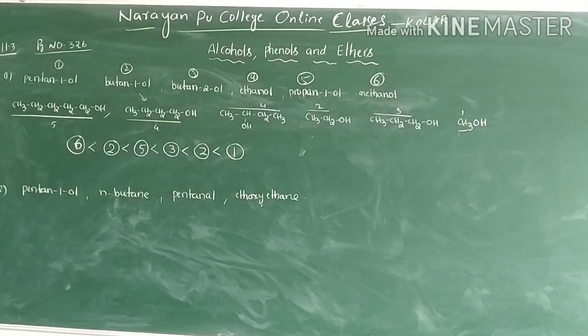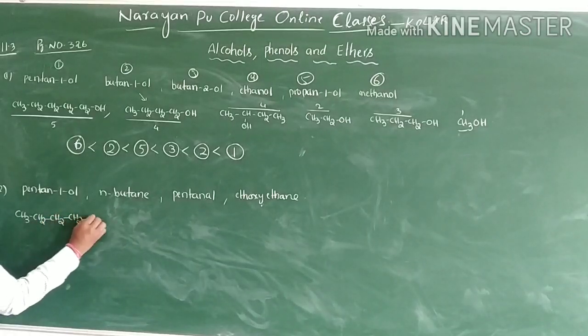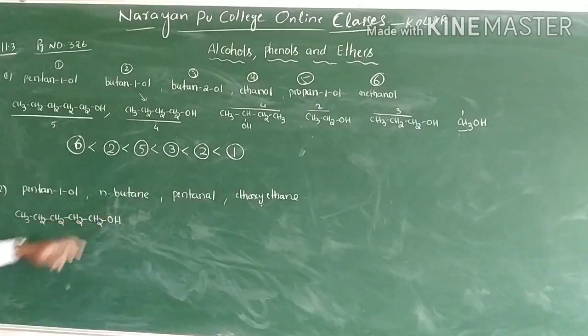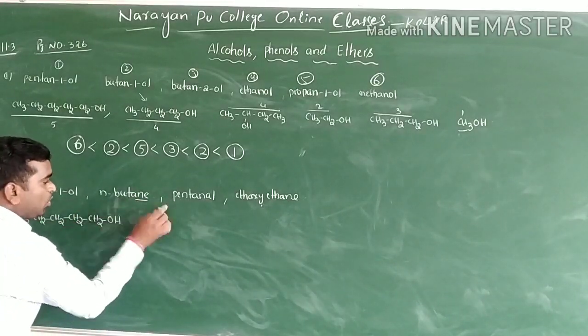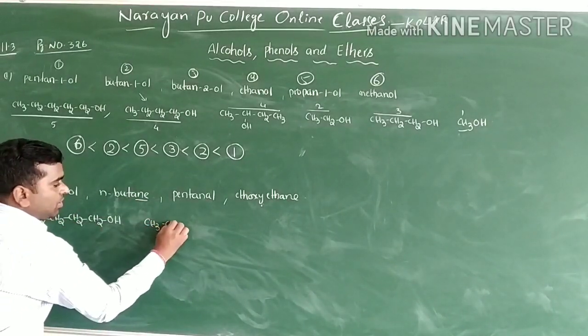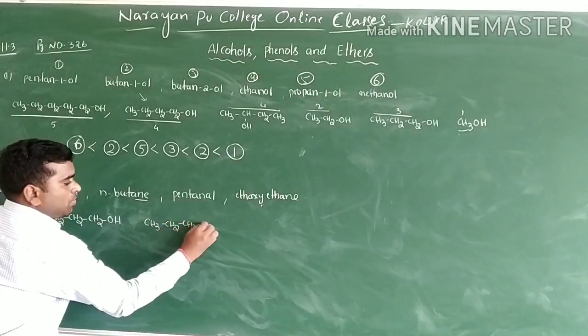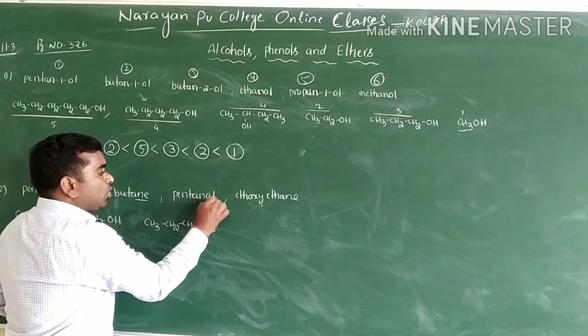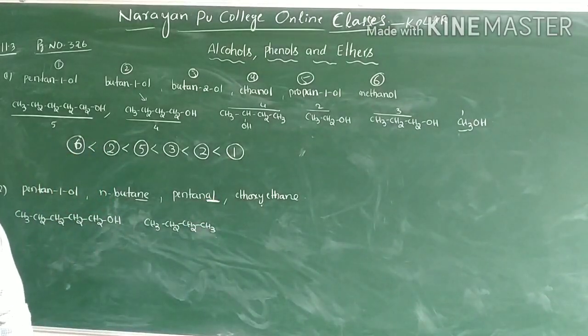Next, another one they have given. One is pentan-1-ol, the same formula you already know, CH3 CH2 CH2 CH2 OH. This is pentanol 1 2 3 4 5. Butane and butanal means simply CH3 CH2. But means 4 carbon, A means alkane. Butane, butanol, butanal, all they have given.